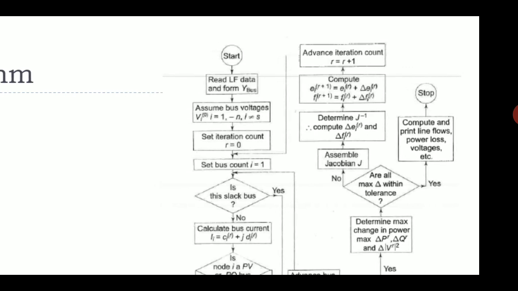If it is within tolerance, then we stop and our work is done. But if it is not, then we form the Jacobian, determine its different values, and advance to the next iteration. This will go on until the limiting tolerance is reached.